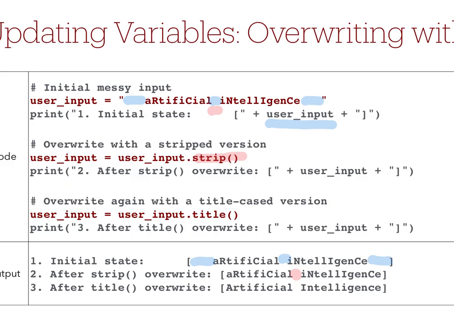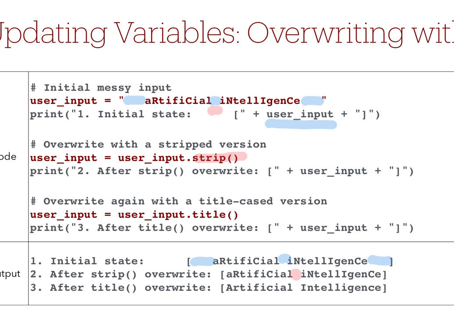So the strip function does not remove any spaces in the middle of the expression. It will remove the white spaces, the space, tab, and newline character, in the beginning and at the end only.